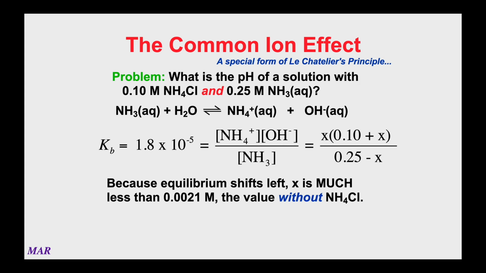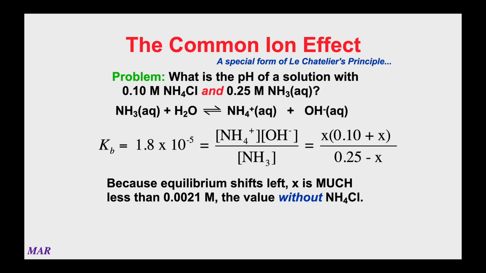However, in this case, we're even more justified in saying that, boy, that little X there isn't going to mean anything, because X was hydroxide, and we predicted that by adding ammonium, a weak acid, it's going to move the reaction by Le Chatelier's principle to the reactant side, to the ammonia side, and in the process it's going to take hydroxide, and hydroxide is the X.